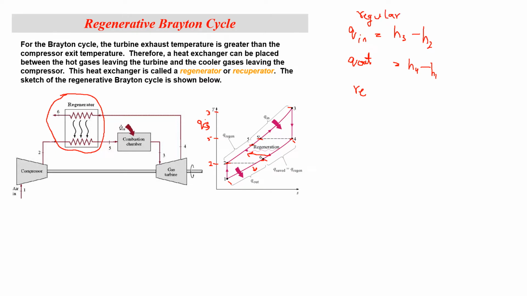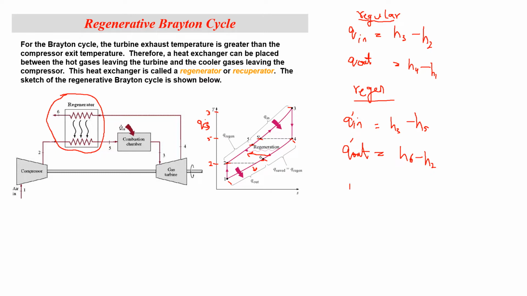In the regenerative cycle, now we have Q in dash equal to H3 minus H5, and your Q out would be H6 minus H2, because remember, from H4 to H6 you're not actually losing heat to the environment, you're just giving heat to the incoming air.